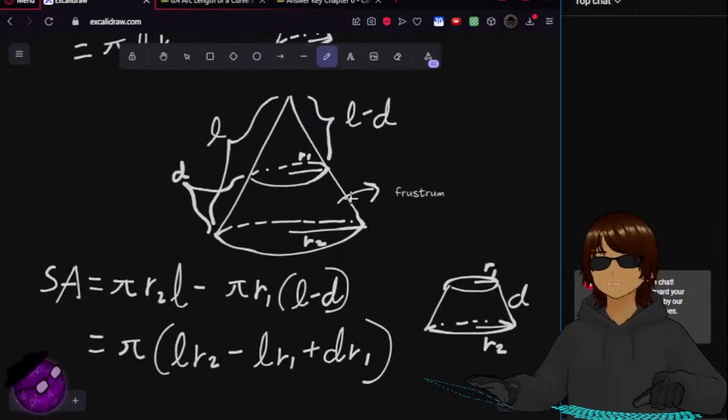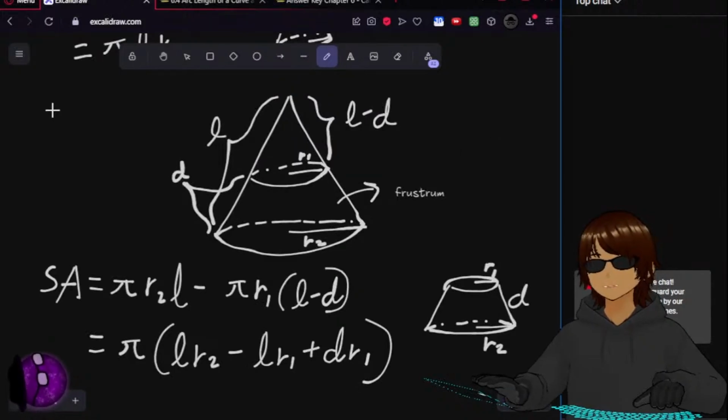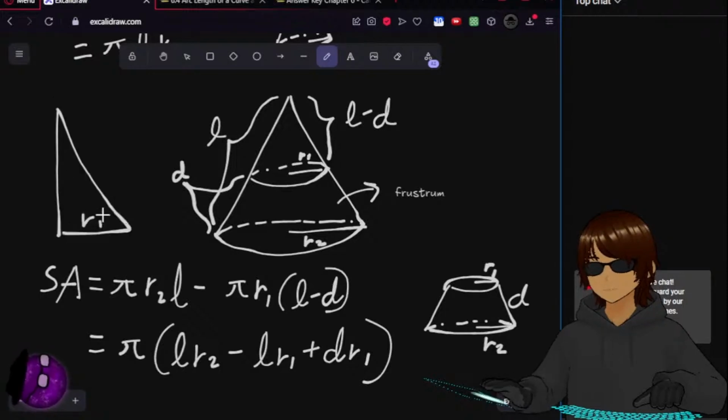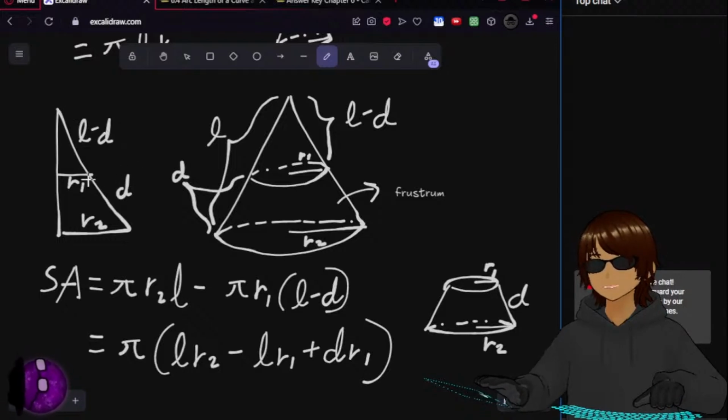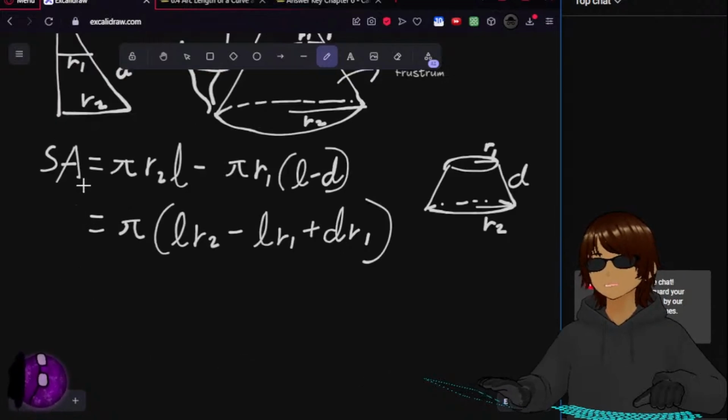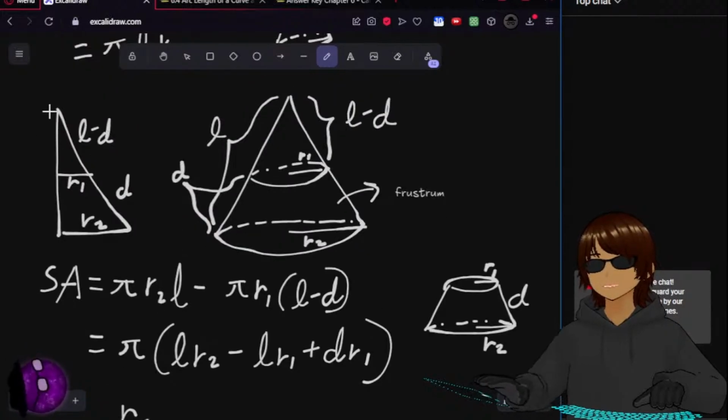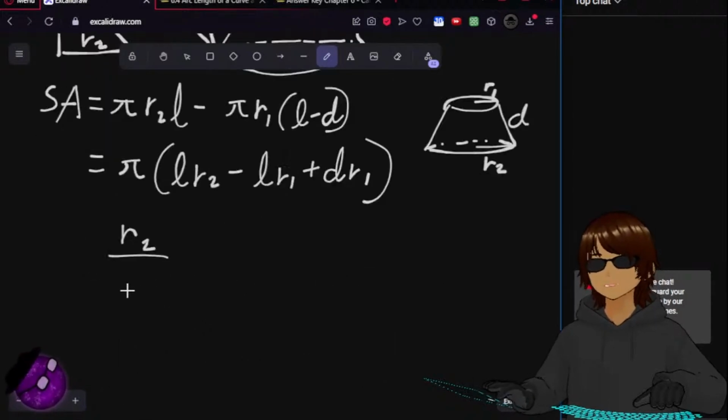So what I can do is, let's say we have a cross section of the cone: R2, R1, and all this is L, this part is L minus D, this part is D. Since the radius is proportional to the slant height, I can write R2 over L should be equal to R1 over L minus D.